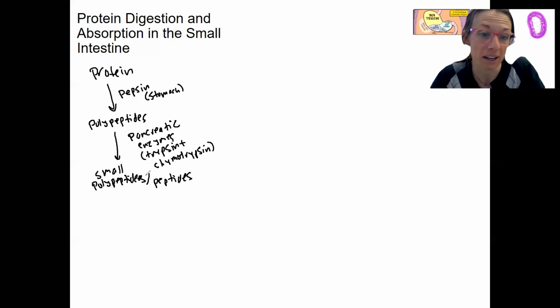What's the difference between a polypeptide and a peptide? There are definitions of how many it has to be. I think it's like 50 to be a polypeptide. I don't know. They're getting chopped down smaller, right? We need to get eventually though to what? Amino acids. Amino acids are the smallest unit of proteins, and this is what can be absorbed.